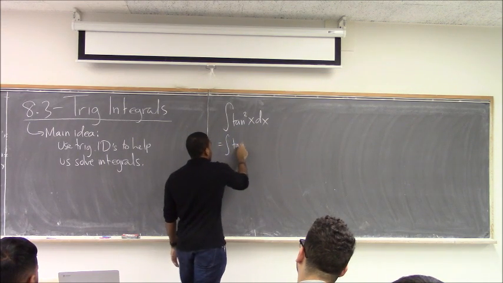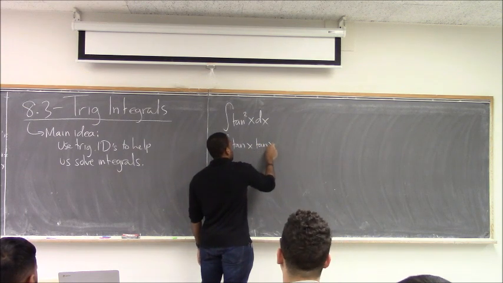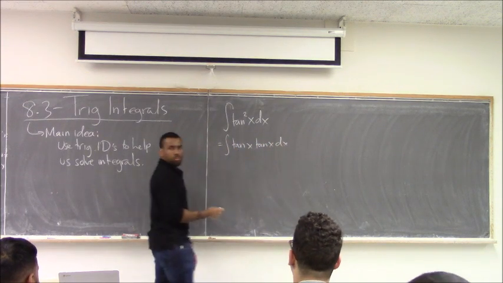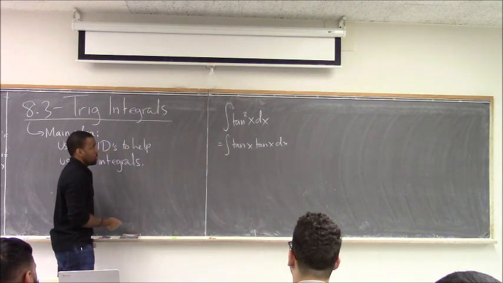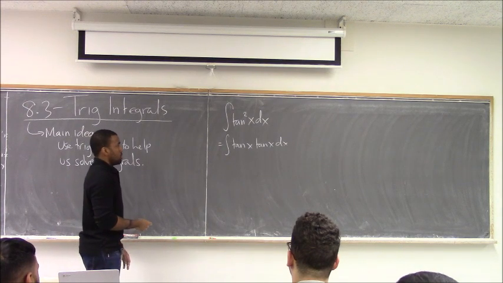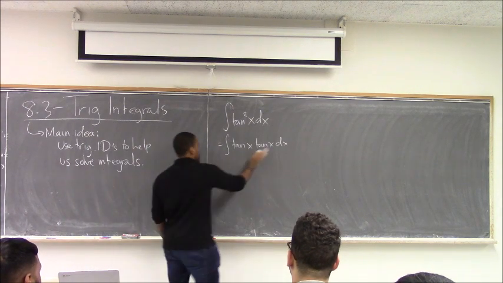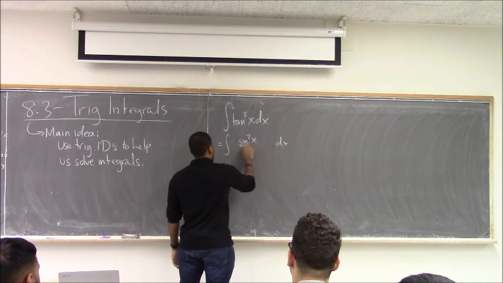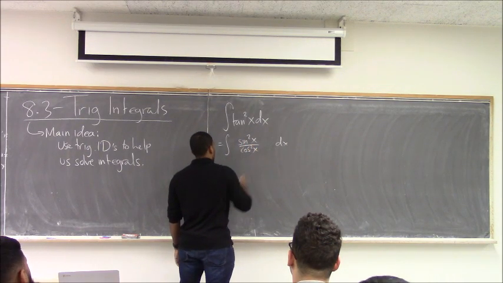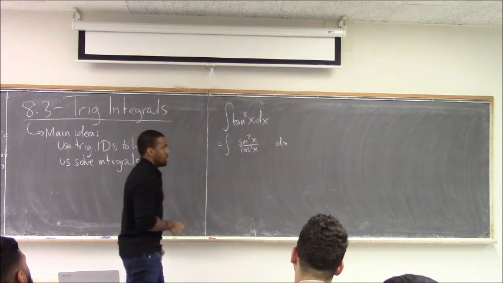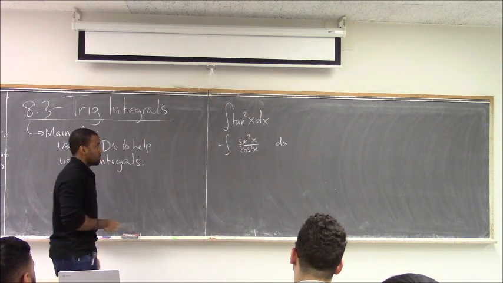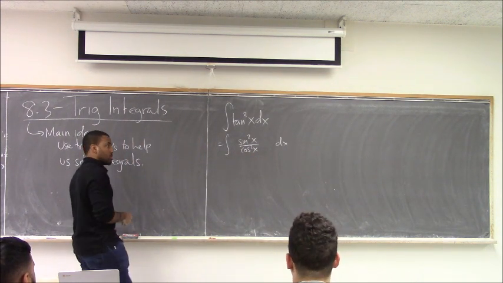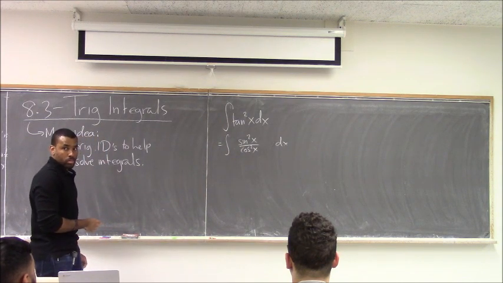You mean multiply two tangents like this? Sine squared over cosine squared? Yeah. Okay, what are we going to do with that? Substitute.